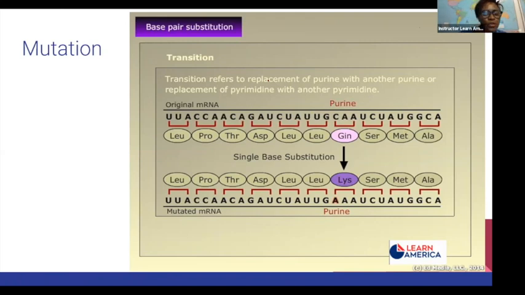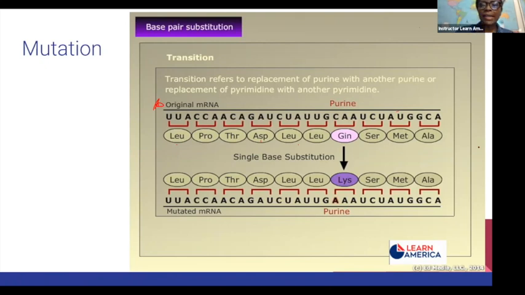Here's the original strand of DNA, and here is the original strand of messenger RNA that was transcribed from the DNA. Now you can see that every three bases code for a particular amino acid. So everything has been transcribed.